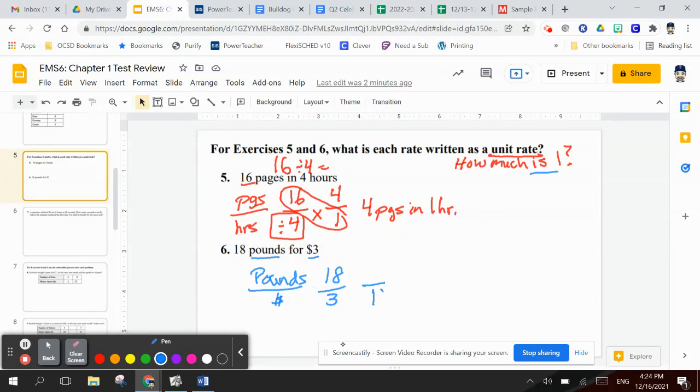So again, to solve, I'm going to cross multiply. I'm going to take 18 times 1, which is 18, and I'm going to divide by the only number I have left, which is 3. And 18 divided by 3 is 6. So you get 6 pounds for $1.